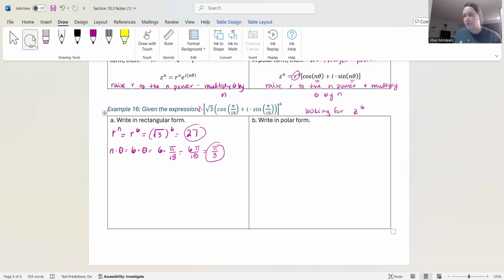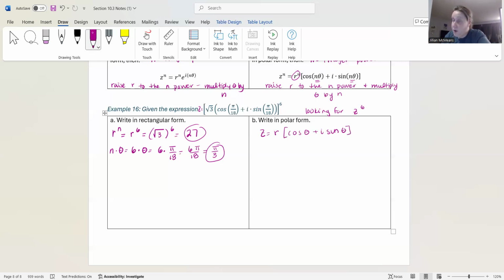We're going to do polar form first because we're really going to need polar form before we get rectangular form. It's just going to be a boatload easier. So in polar form, you have to have your r and your theta. For polar form, we have z equals r times cosine of theta plus i times sine of theta.